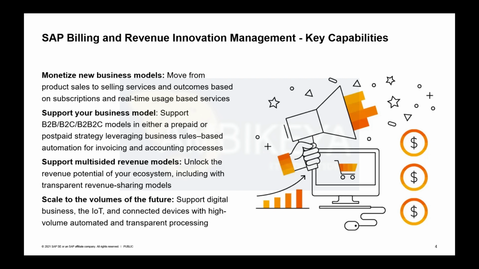But if you look at a lot of cloud products, you have thresholds where you have to control a lot of data streams, depending on whether the threshold level is met or not, in order to determine the pricing. That means we have to handle high volumes in a lot of digital businesses, which is possible with the architecture of SAP BRIM.